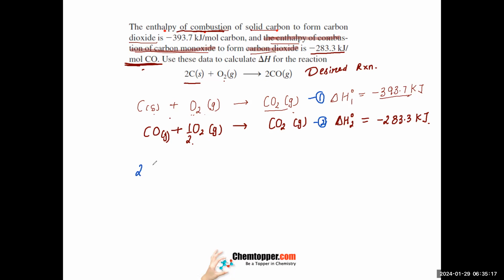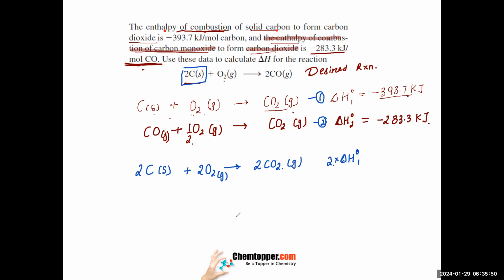So it becomes 2 carbon solid plus 2O2, giving you 2CO2. This is a gas. This is a gas. So these are the changes I have to do in equation 1. What happens to delta H naught 1? It will get multiplied by 2.